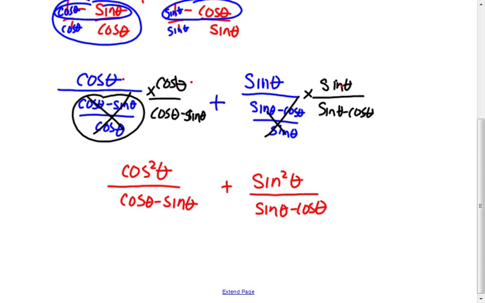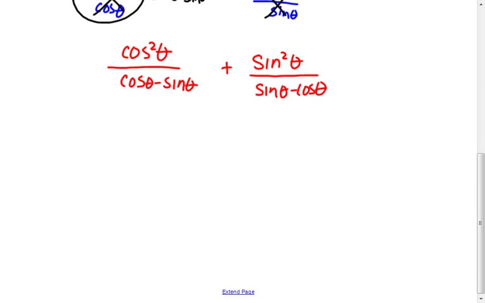When I need to be able to add these two fractions together somehow, and I don't have common denominators, if you think about this and I switch these two around right here, then I can rewrite that as negative cosine plus sine.